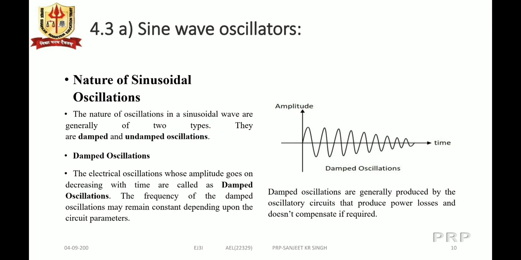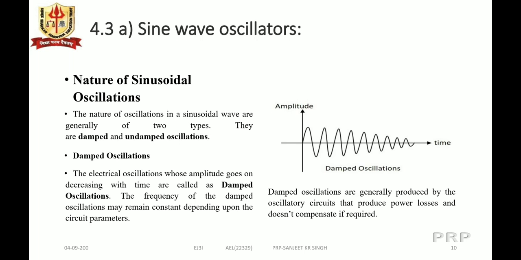Sine wave oscillators. The nature of oscillations in a sinusoidal wave are generally of two types. They are damped and undamped oscillations. Damped oscillations are the electrical oscillations whose amplitude goes on decreasing with time, as we see on the right hand side.